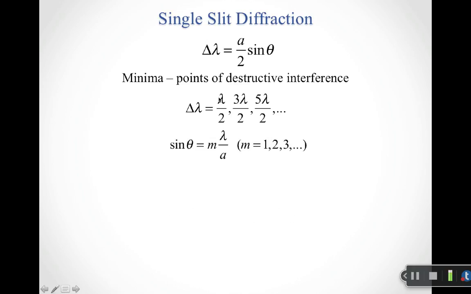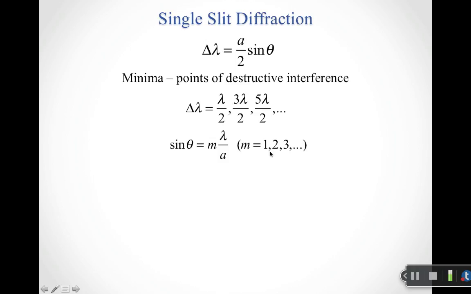When I plug that in on the other side, this is going to cancel out, and I'm going to be left with this situation where I get minima within my diffraction pattern for this equation.